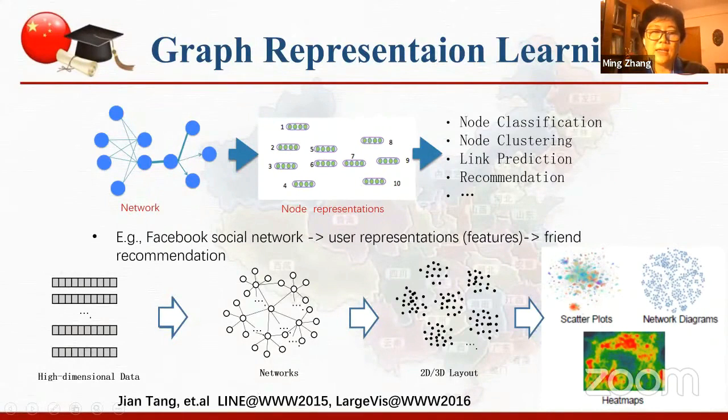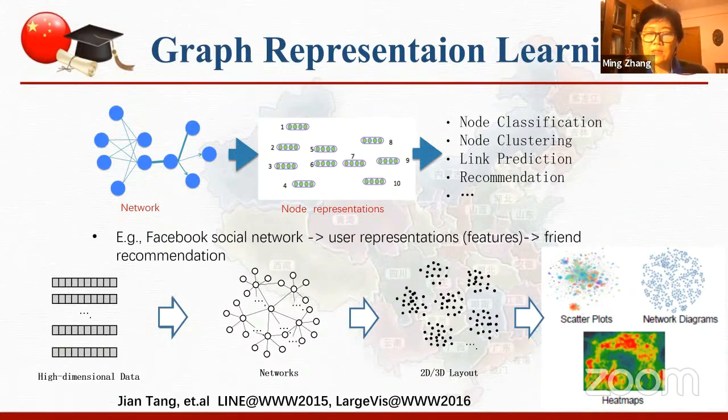One is LINE at WWW 2015. This paper is the most cited paper in recent 5 years for the WWW conference. Now we have more than 2,700 citations.